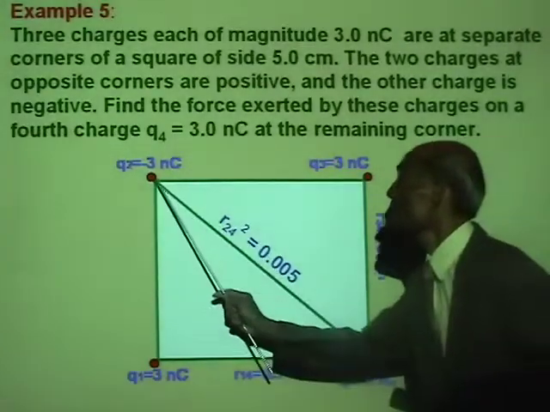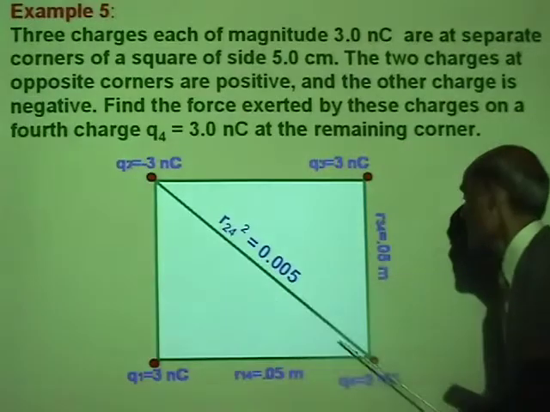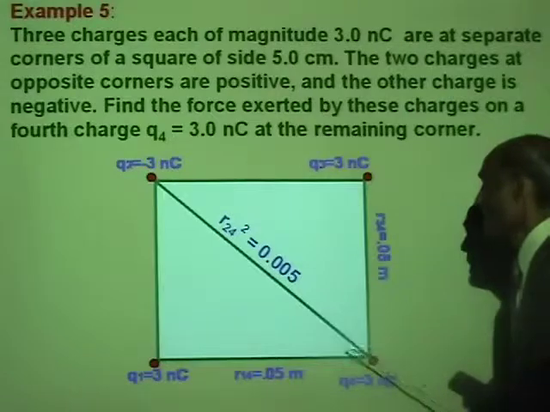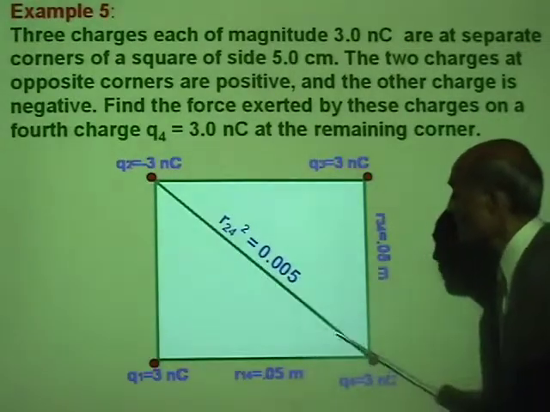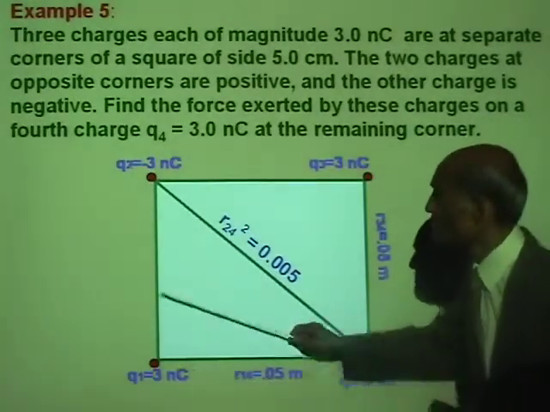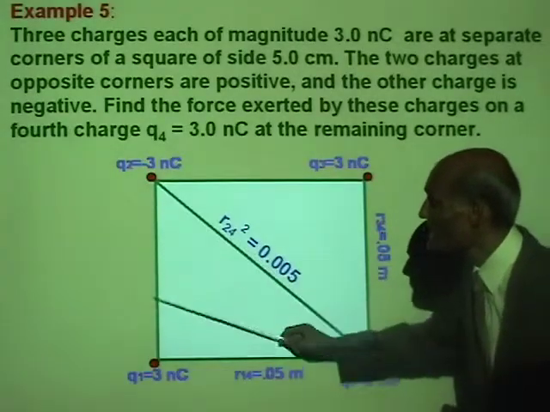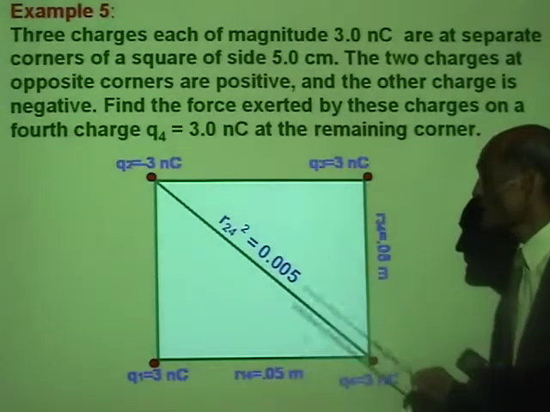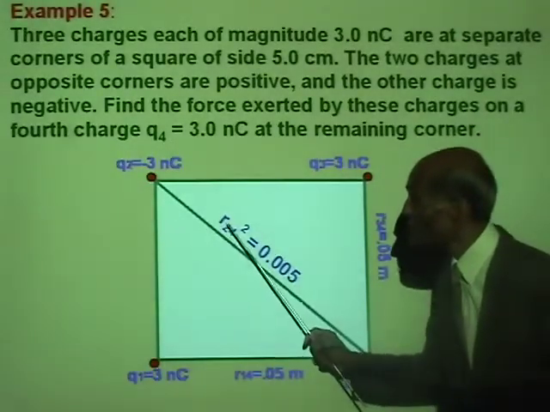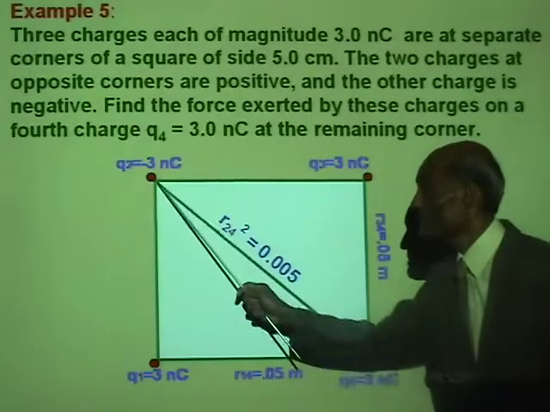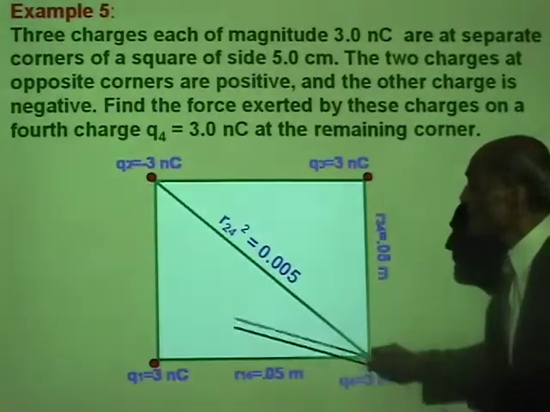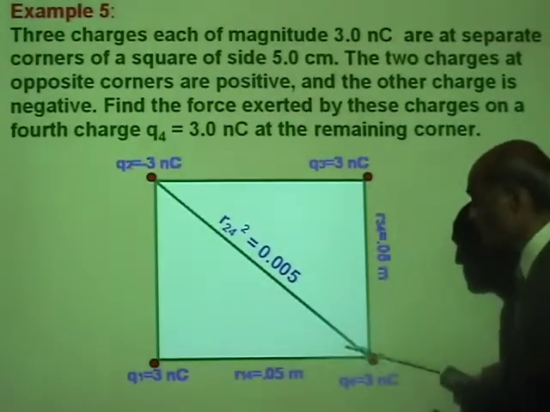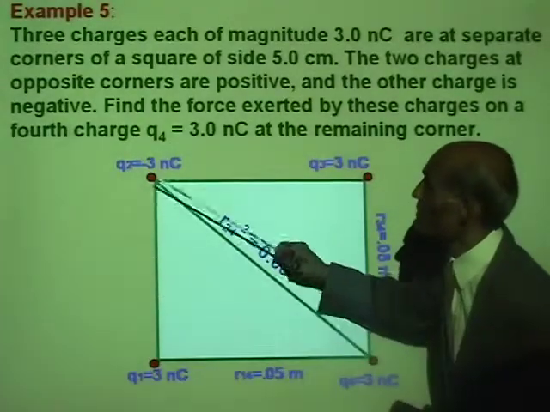But what is the distance of Q2 from Q4? It is the length of this diagonal, and you can see that diagonal is the hypotenuse of this right triangle, where each leg is 0.05. Is that right? So I can write R24 squared, the square of this distance, is 0.05 squared, the square of this distance, plus the square of this distance.